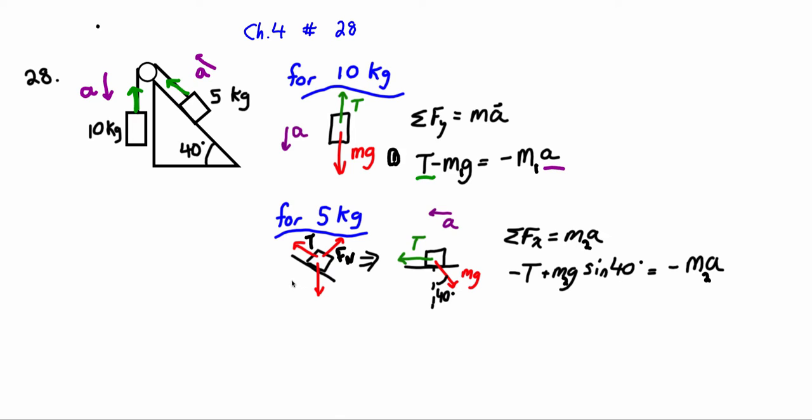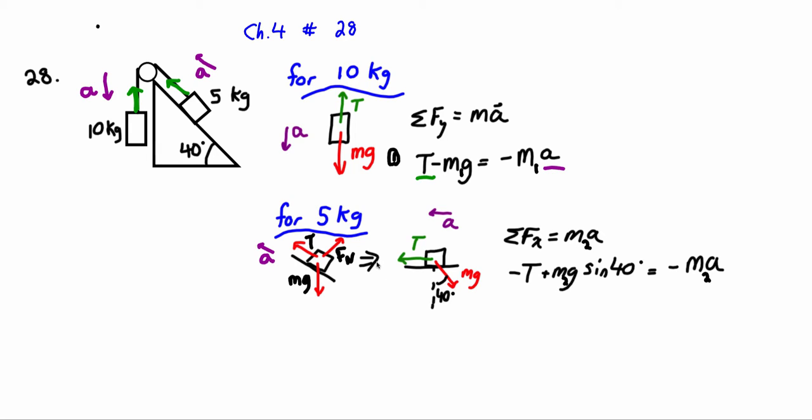And this is my weight pulling it down. And if we look at this diagram, we have two forces that are at an angle. And also my acceleration would be parallel to the ramp, so acceleration would also be at an angle here.